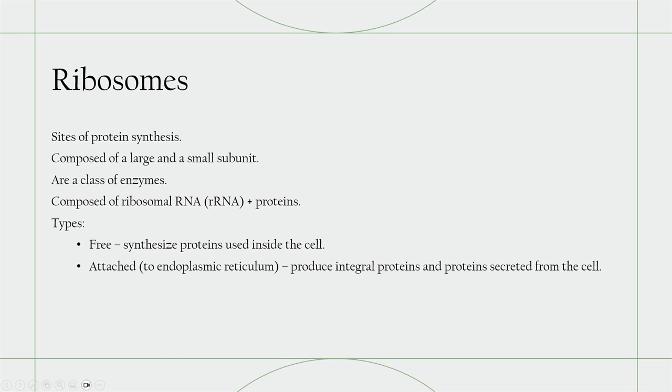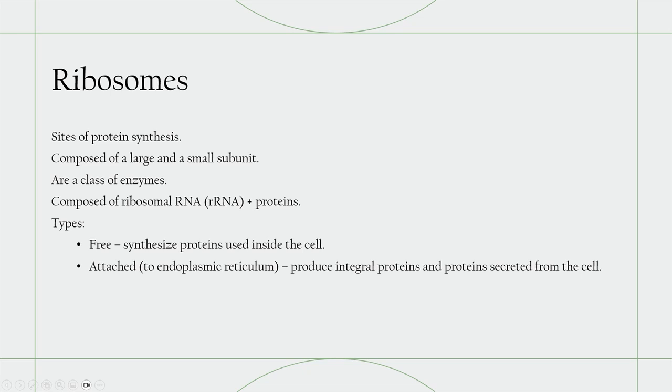Now, when we're talking about types of ribosomes, you can have free-floating ones that just synthesize proteins inside the cell, or they can be attached to the endoplasmic reticulum, forming a rough endoplasmic reticulum, to also produce proteins.